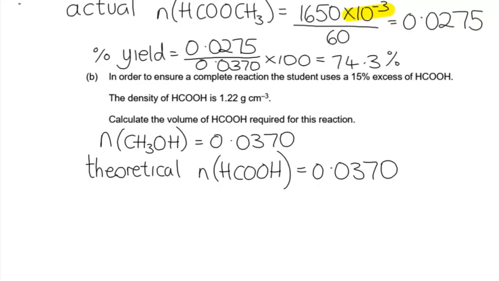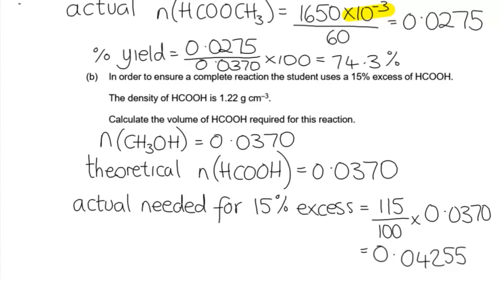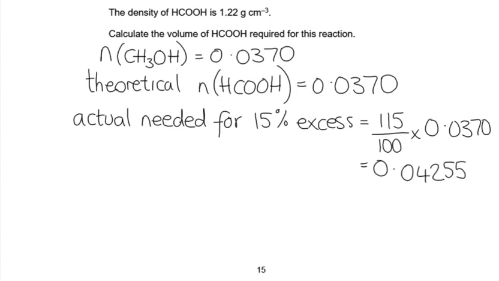We've got the 100% we need, that's the theoretical amount, but we want 115%, so the actual needed for a 15% excess. Now you might have done at school just doing 1.15, where does that come from? It's 115% over 100 times 0.0370. And if you work that out on your calculator, you should get 0.04255.